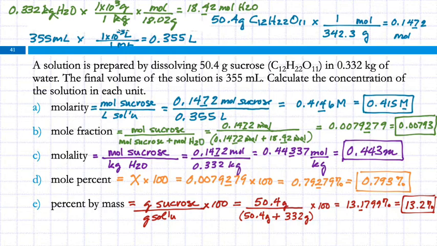Any questions? The information that you need for things like mole fraction or molality may be different than the information you need for molarity. Because for the molarity, we just needed the solution volume, right? We didn't need the mass of water.